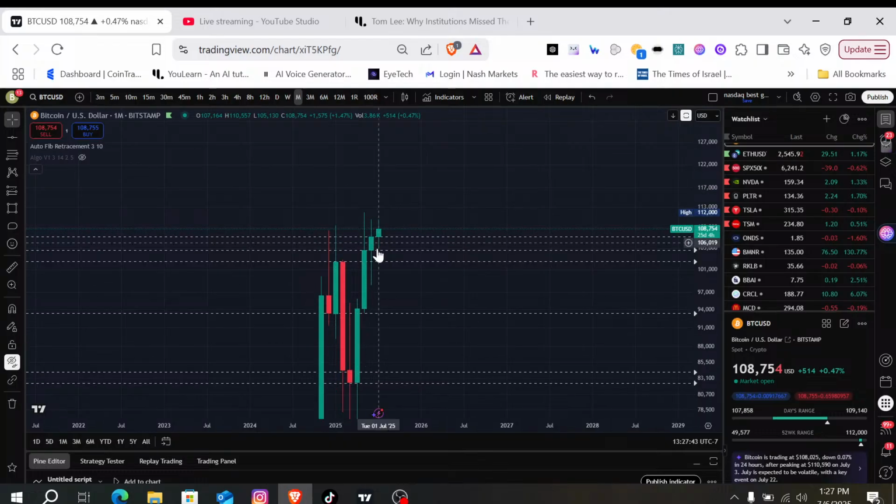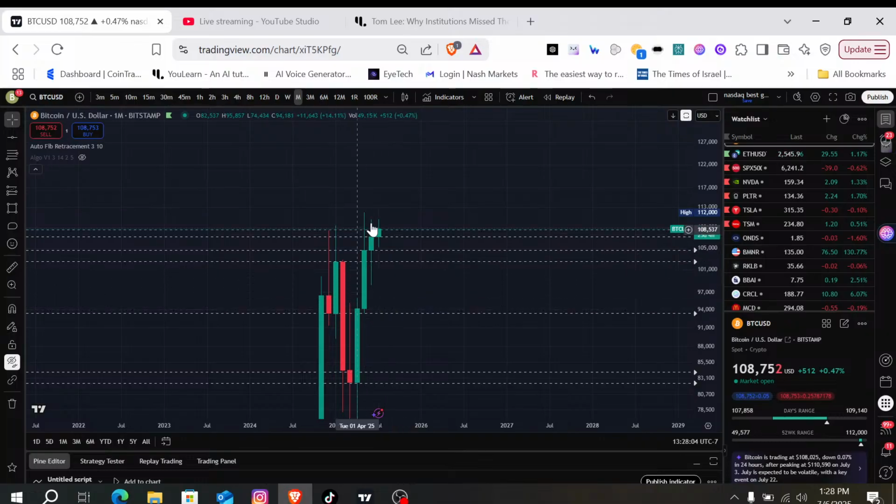Again, pay attention. To still be bullish, we want to hold this price, 102,517. Investors are going to be panicking when it goes down into the 96s.